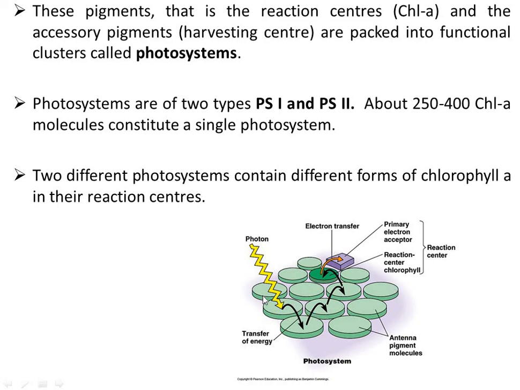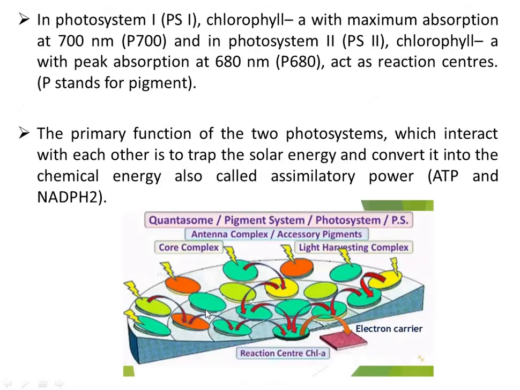So this is the photosystem, which consists of a number of photosynthetic pigments. In the center you can see the principal pigment, chlorophyll A, and the remaining are the accessory pigments that trap the radiation energy from the visible spectrum and send it to the reaction center, the principal pigment chlorophyll A, by a resonance mechanism.